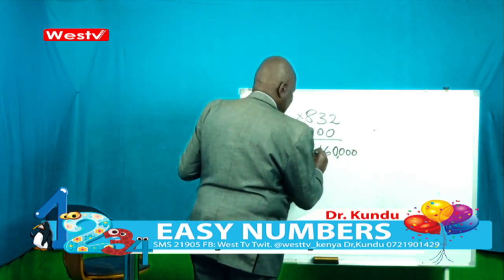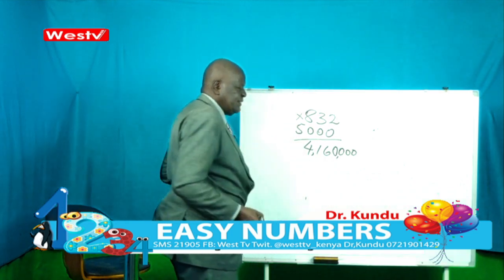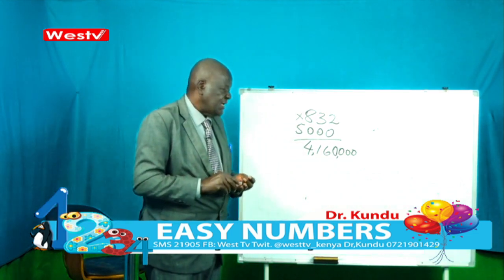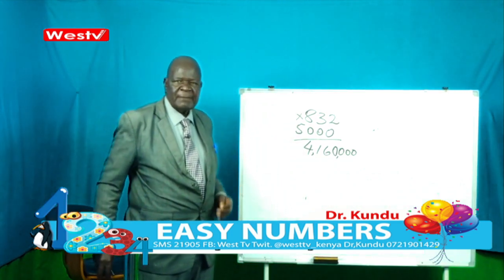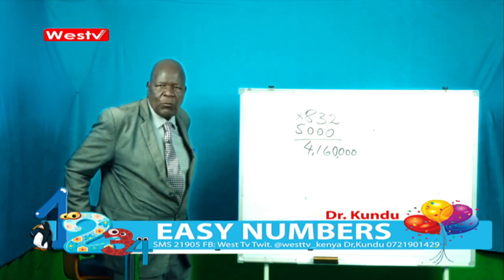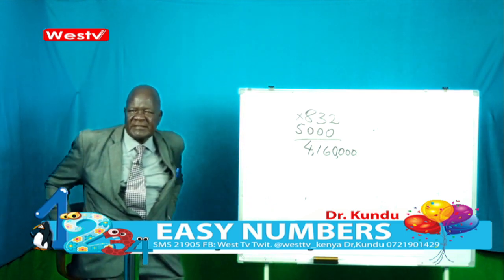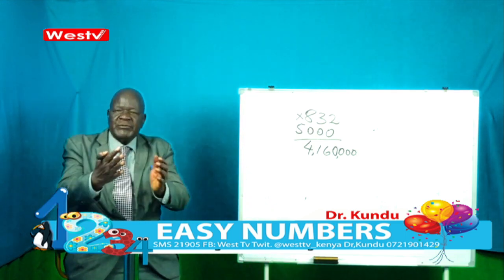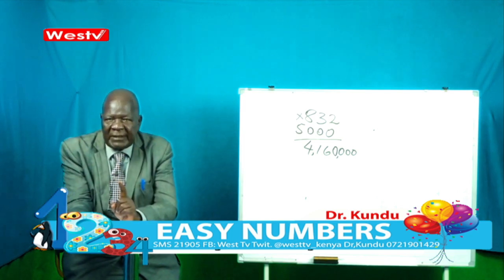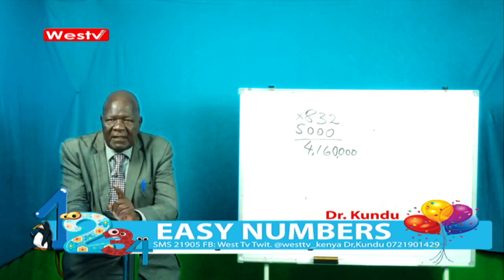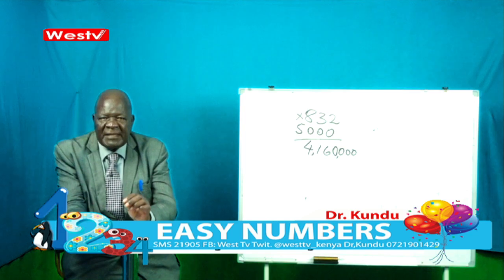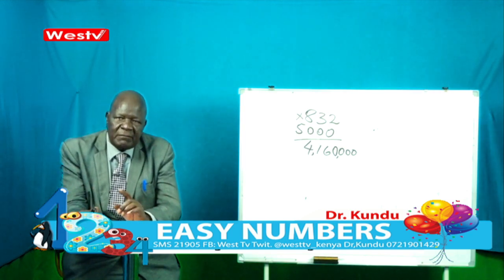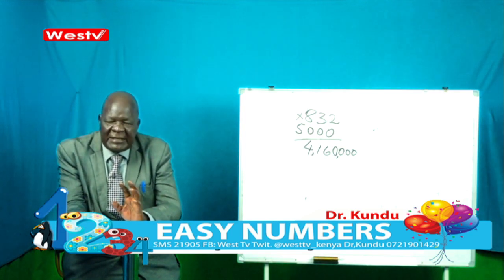And then when you sector this number, you find that Kenya Meat Commission is going to pay to this farmer some 4,160,000 shillings. And you do it in one line only, because you understand the behavior of 5, and when you are dealing with even numbers.